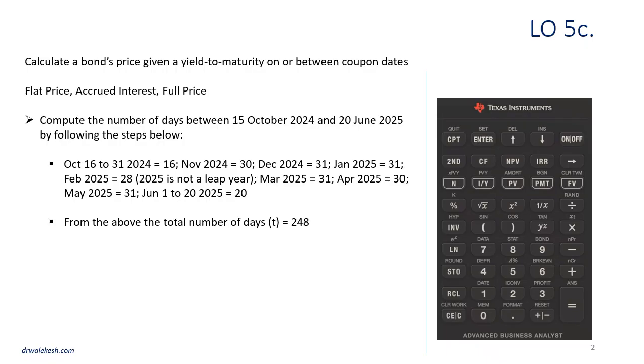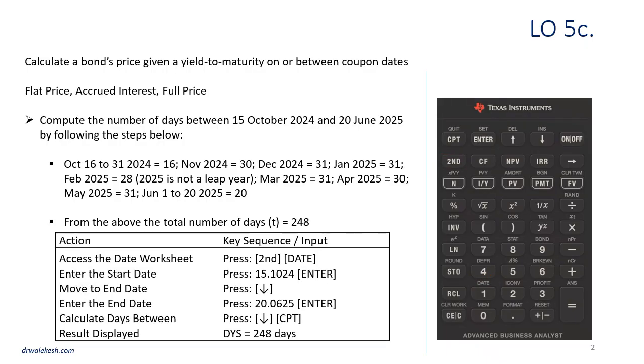And the function that matters the most here is this, that date. To access this, we need to press second function, date. So you would press second function, then date. The assumption here is that you have converted your financial calculator to European date format.